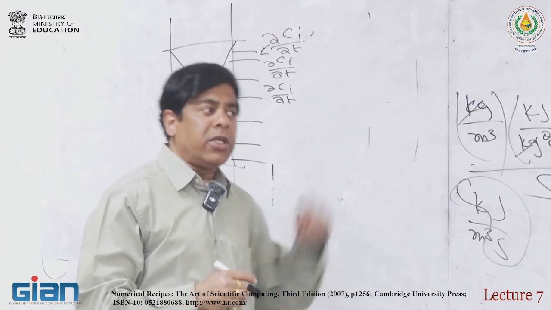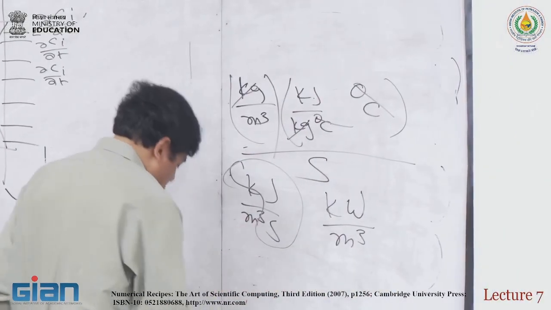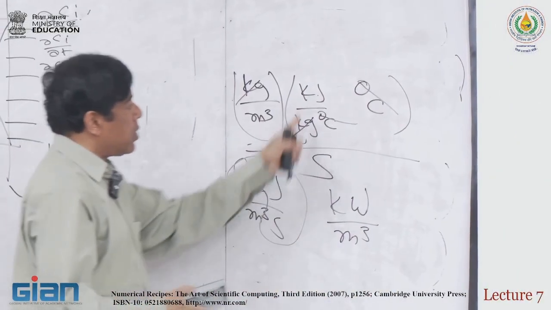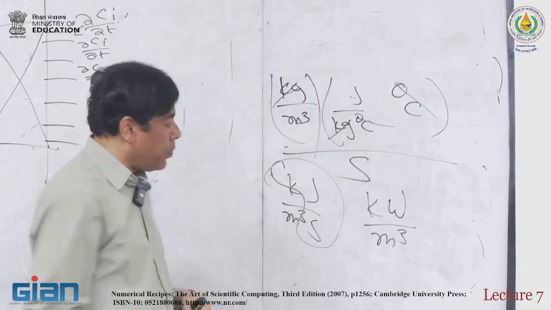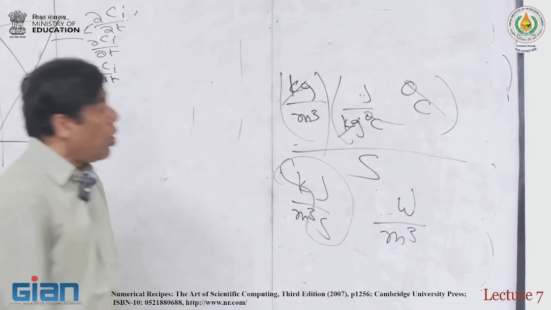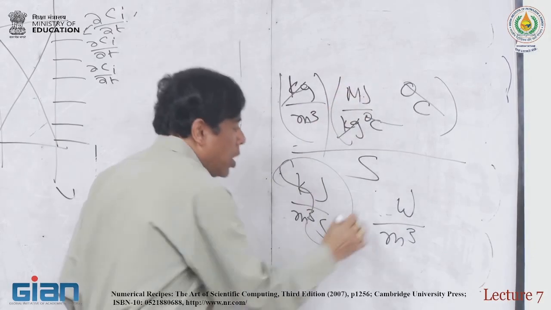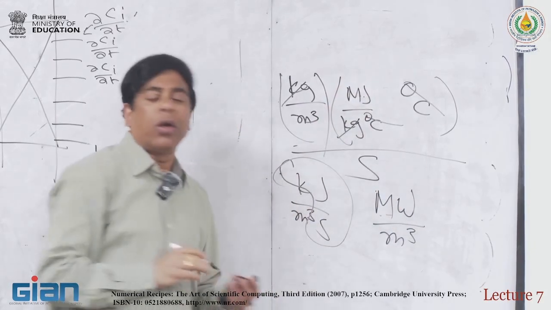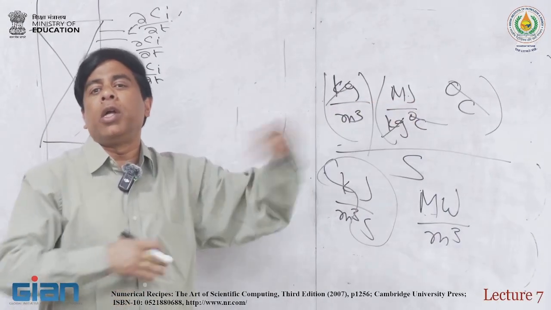If I had written these equations in terms of joule instead of kilojoule, this becomes watt. I could also have written it in terms of megajoule, and this becomes megawatt. So you see the same equation, but when I try to solve it, I will get different error.